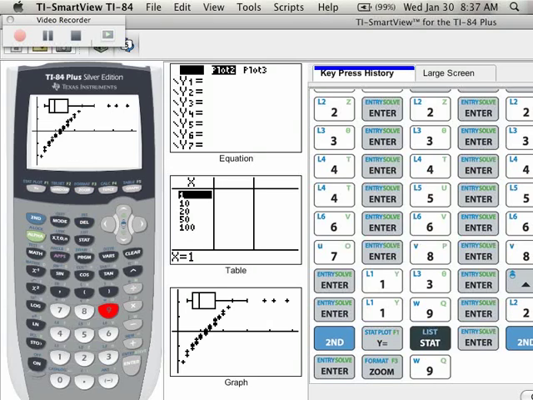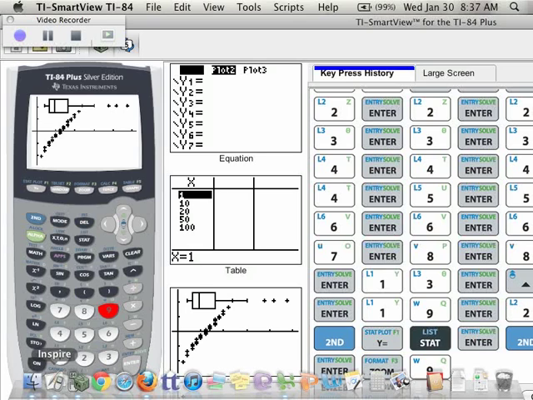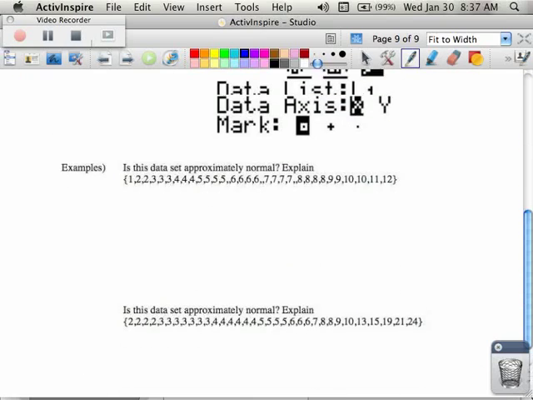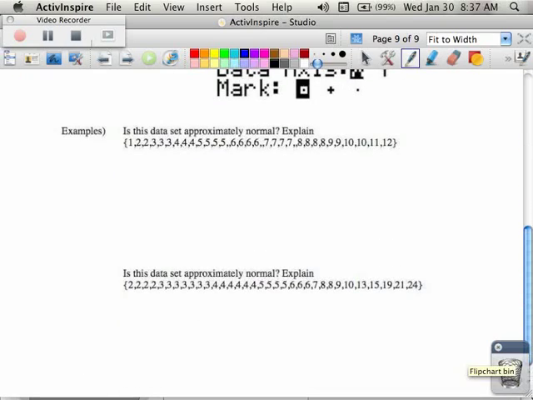Whoops, I have more than one plot on. The top part is a box plot from a different class. But you can see all my little X's here. Does it look like a straight line? Yes. So I can draw my probability plot on the notes here. Let me go down below in my first example, and here's what I would see.